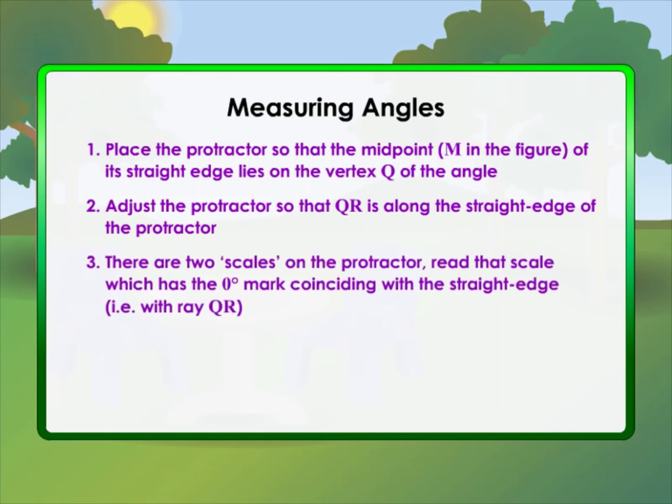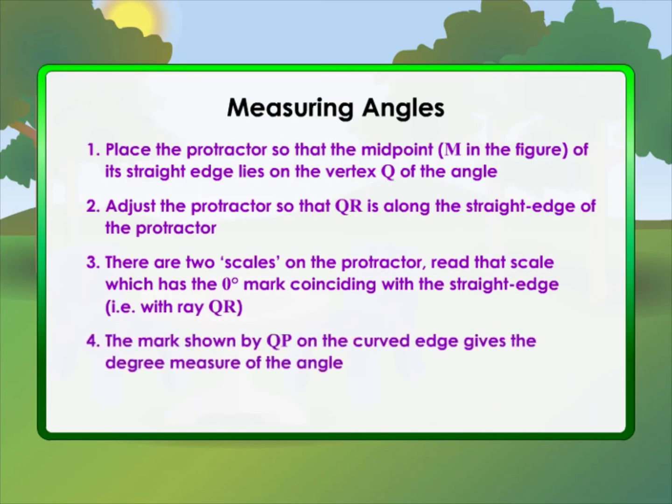There are two scales on the protractor. Read that scale which has the 0 degree mark coinciding with the straight edge, that is, with the ray QR. The mark shown by QP on the curved edge gives the degree measure of the angle. We write measure of angle PQR is equal to 50 degree, or simply angle PQR is equal to 50 degree.